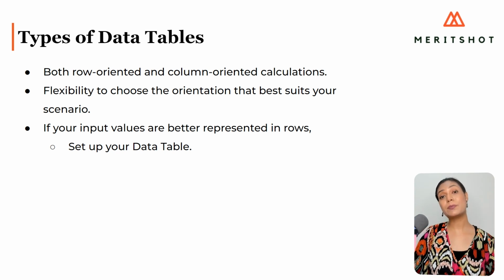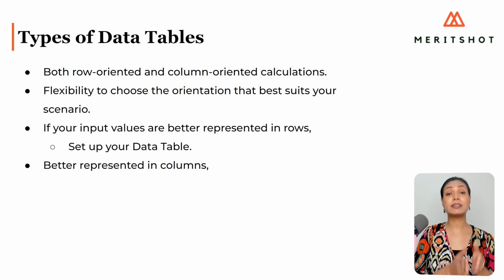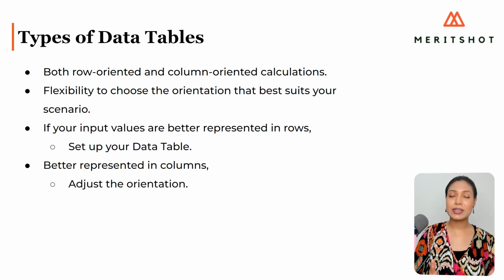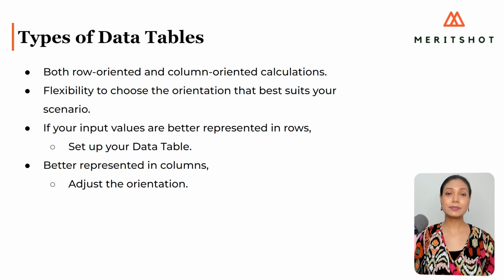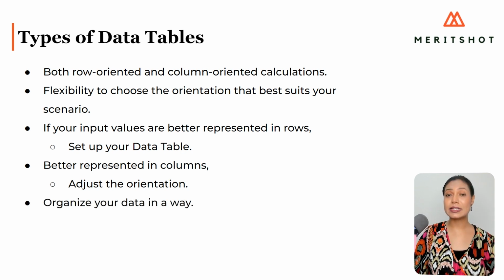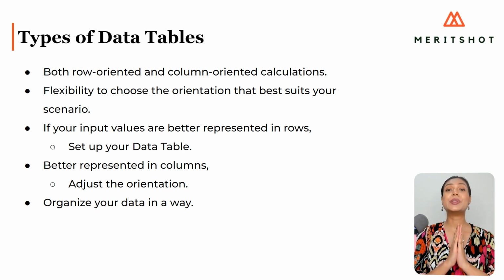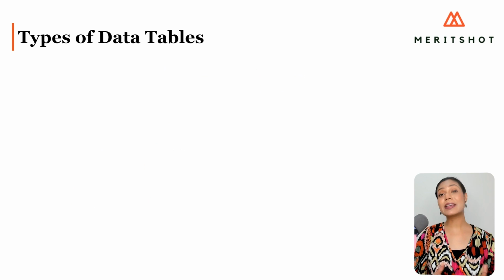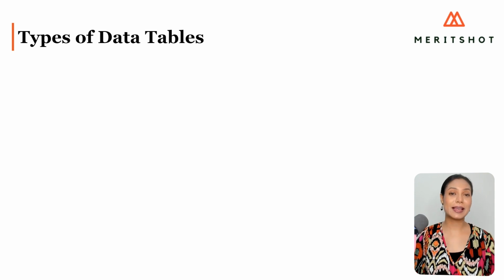Conversely, if your input values are better represented in columns, then you can adjust the orientation accordingly. Excel provides you with the freedom to organize your data in a way that makes the most sense for your analysis. So these are some additional points to keep in mind when working with data tables in Excel.